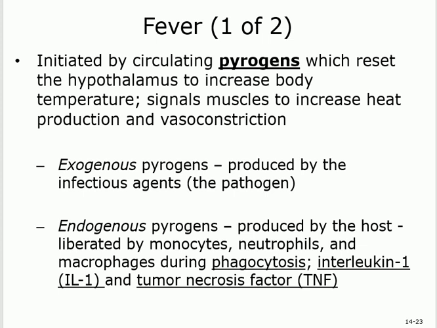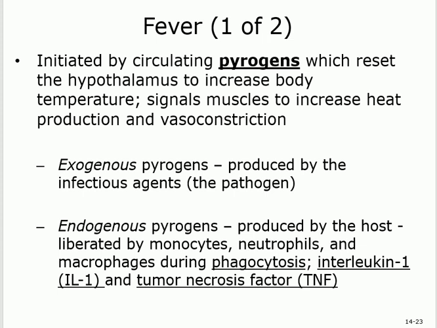Gens means generators or formation. So pyrogens are the fever generators. These fever generators are going to go to the hypothalamus. Remember, the hypothalamus has a set point for the body temperature, which is 37 or 98.6.